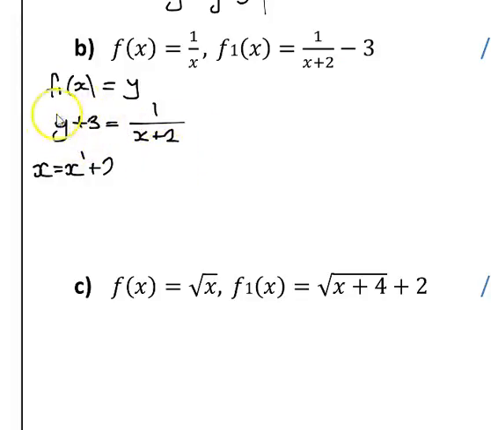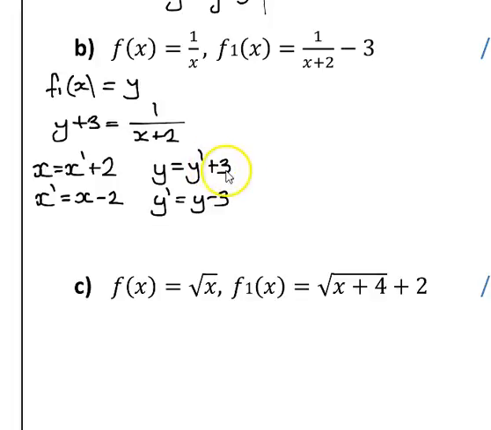So my y is y new plus 3, and my x is x new plus 2, which is what I'm about to write here. So my x is equal to x new plus 2, my y is equal to y new plus 3, and then rearranging this to get my new values. So x new is equal to x minus 2, y new is equal to y minus 3.